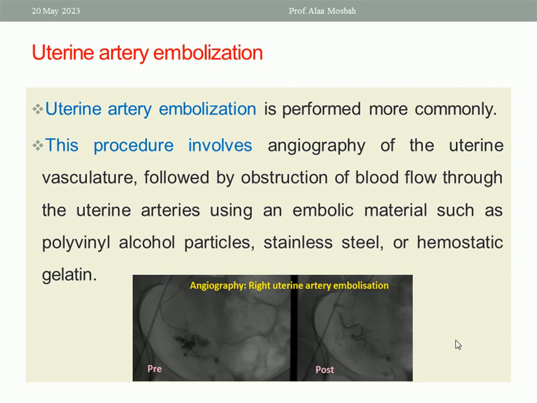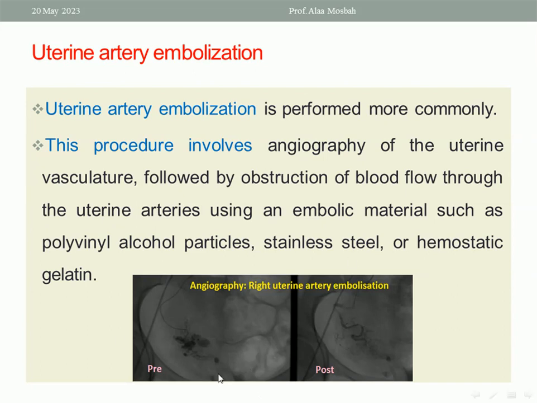a very important line of treatment, and many cases nowadays are managed by this line of treatment, which is uterine artery embolization. Uterine artery embolization is performed more commonly. The procedure involves angiography of the uterine vasculature, followed by obstruction of the blood flow through the uterine arteries using an embolic material such as polyvinyl alcohol particles, stainless steel, or hemostatic gelatin.